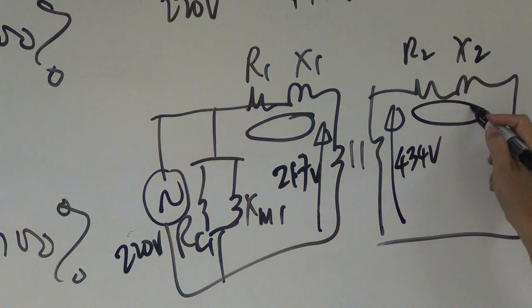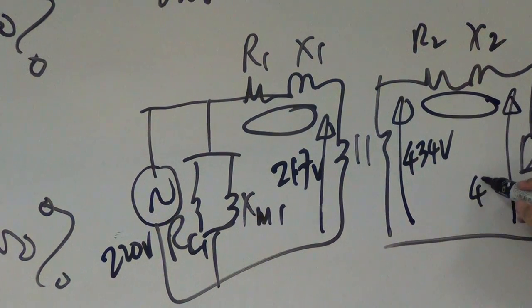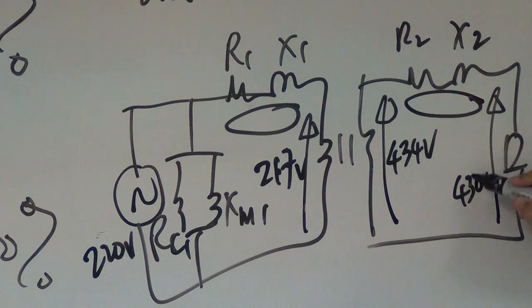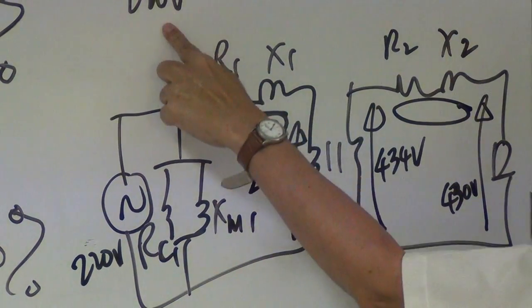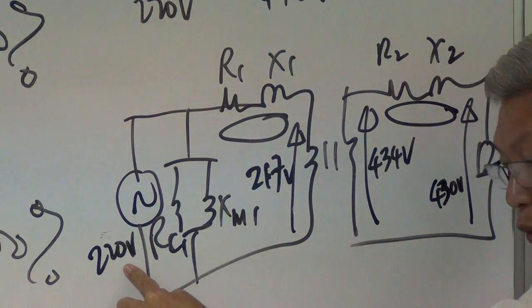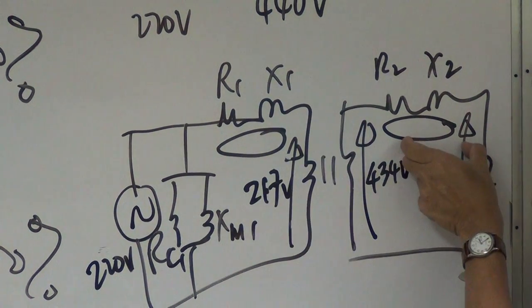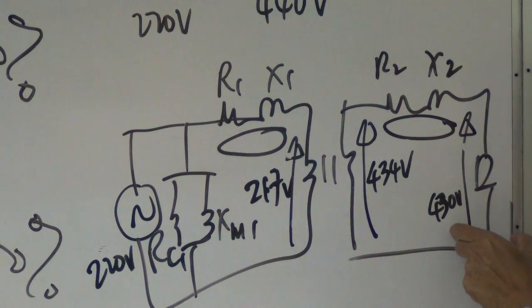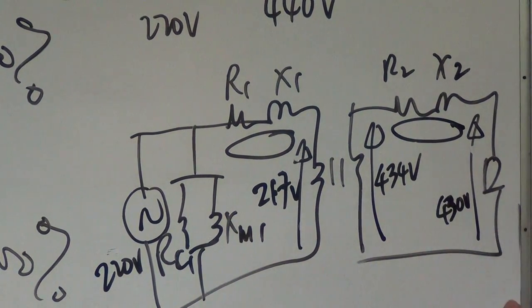And again, there's a voltage drop here, so eventually I may not get 434, maybe it's 430. So you can see, based on a practical transformer, your rating is 220 and 440. If you put in 220, eventually you don't get 440 because of the voltage drop, right? So it becomes 430.